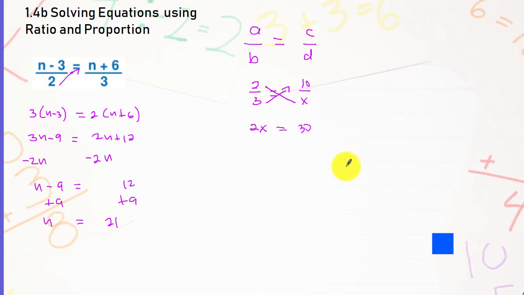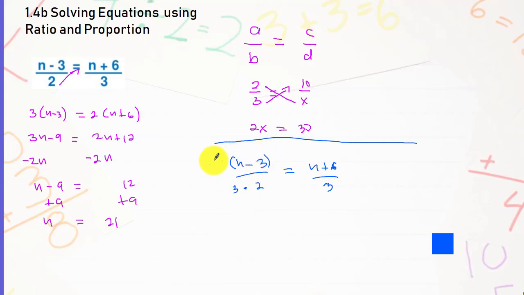Note that we can also solve this one using the concept of LCD. So let's say I have n minus 3 over 2 equals n plus 6 over 3. I'm going to use the LCD between the denominators 2 and 3. The LCD will be 6. So I would like this to be equal to 6, so I have to multiply by 3.